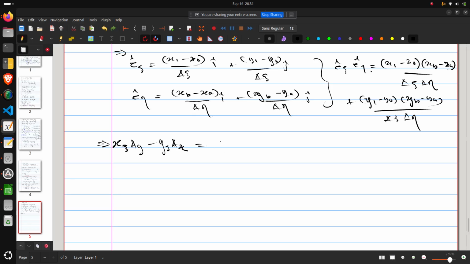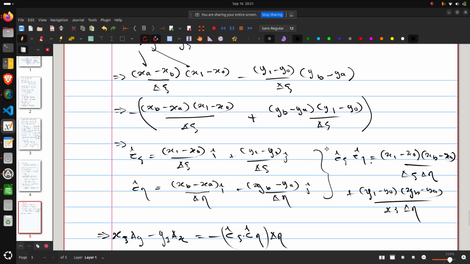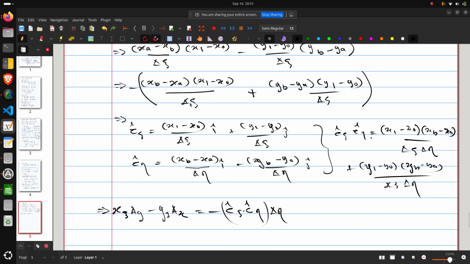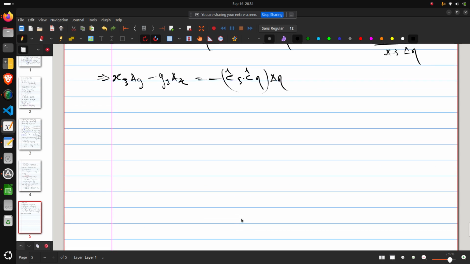Ax is nothing but negative E cap psi dot E cap eta times delta eta, right? Because we have the delta psi here and we have another accompanying term of delta eta coming from the dot product, so we just need to multiply it with delta eta and we'll recover the same equation that we had.